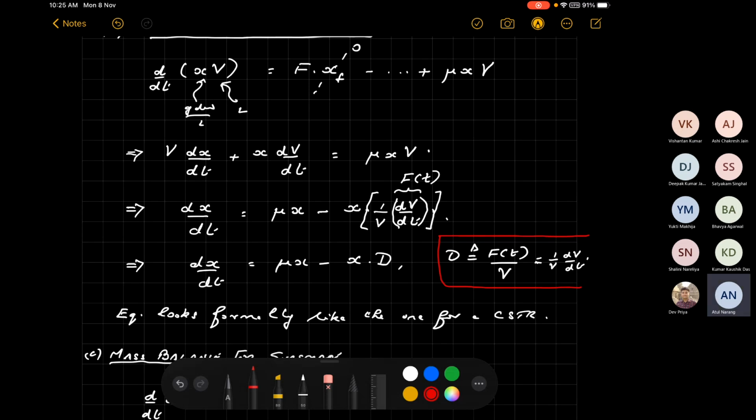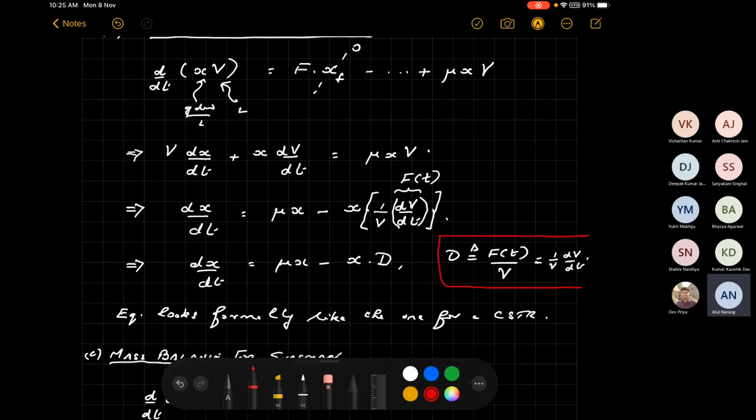I will set D equal to 0.1. If I set D equal to 0.1, I basically get 1 over V dV/dt is equal to 0.1, which basically means that per unit time, I increase the volume by 10%. So this is exponential increase.